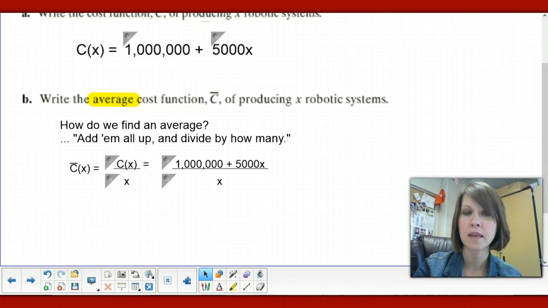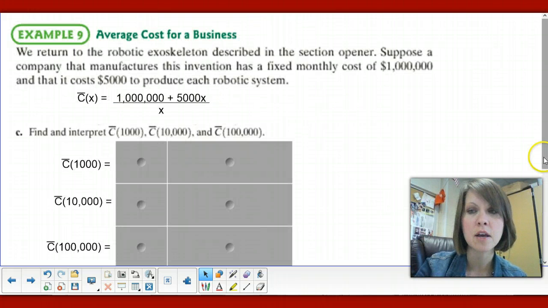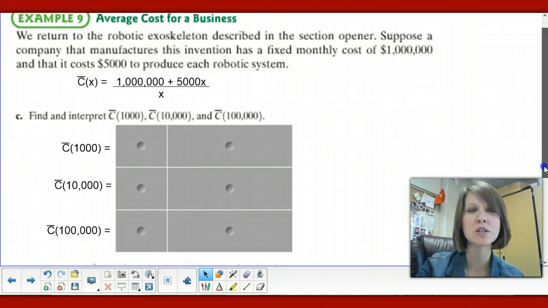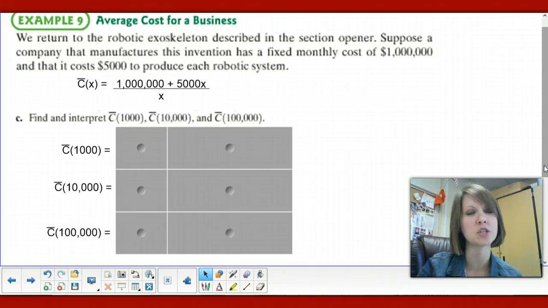Okay, let's go to parts C and D. The day 1 group assignment had us do this, and you'll see this in the day 2 group assignment. We need to find and interpret the average cost of 1,000 units, the average cost of 10,000, and the average cost of 100,000.